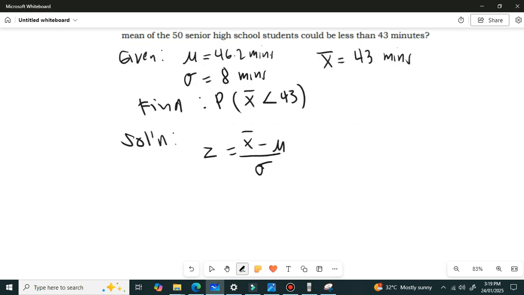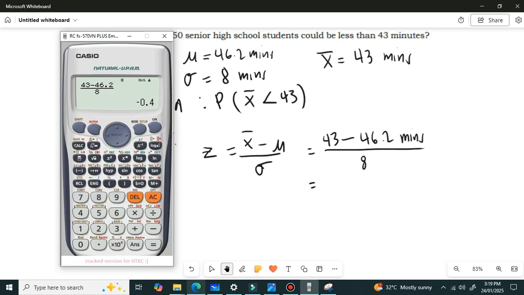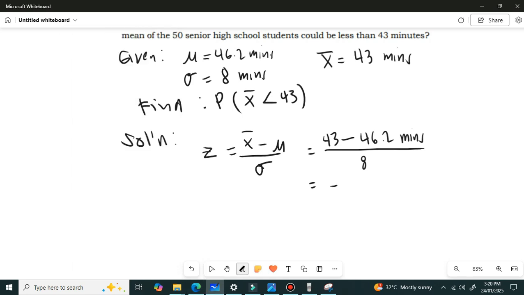We will use this formula to find the z-score. So our x bar is 43 minus the mu, 46.2 minutes, divided by our standard deviation, 8 minutes, which will give us negative 0.4. So we get the absolute value of the z-score and find the area in our table.